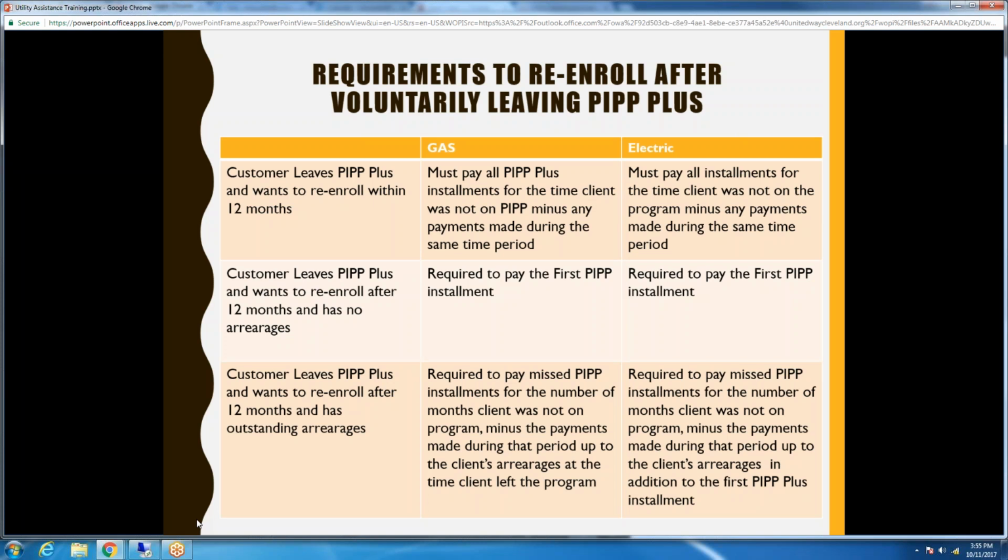It's just too complicated, and I can't get it into Refer. So just do the best you can. Let them know the basics, that they're going to have to make up any missed payments. Let them at least know that. Then have them go ahead and make an appointment with Community Action so they can get help with that.